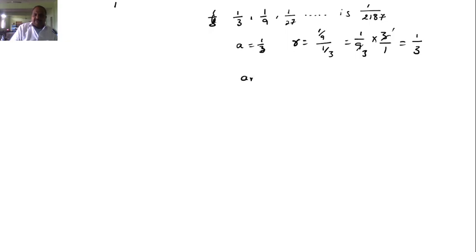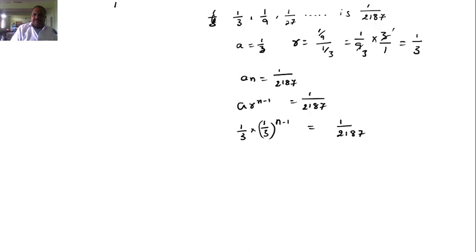Given an is equal to 1 by 2187. So ar to the power of n minus 1 is equal to 1 by 2187. Here a is 1 by 3 and r is also 1 by 3, so 1 by 3 whole to the power of n minus 1 is equal to 1 by 2187.